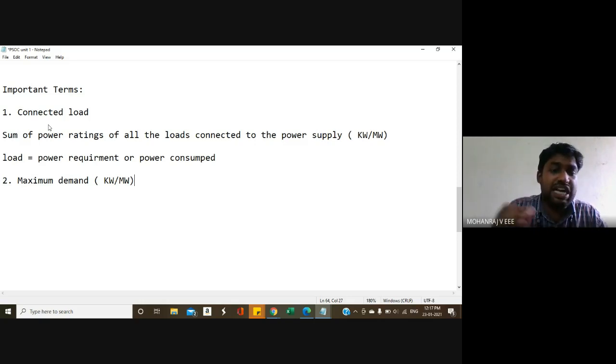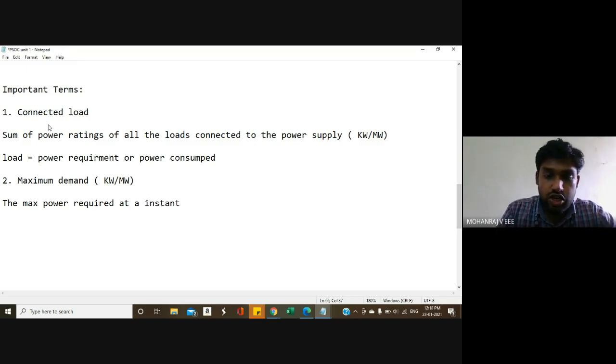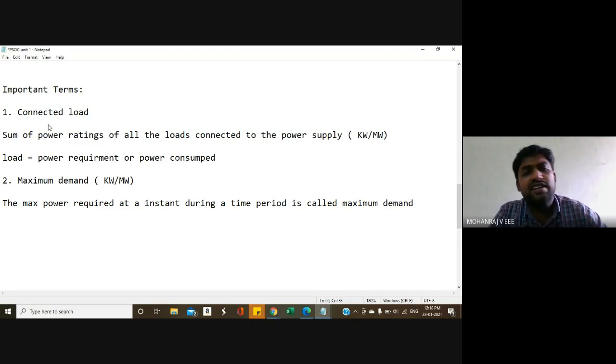So what is the maximum demand? The maximum power requirement at an instant during a time period is called maximum demand.